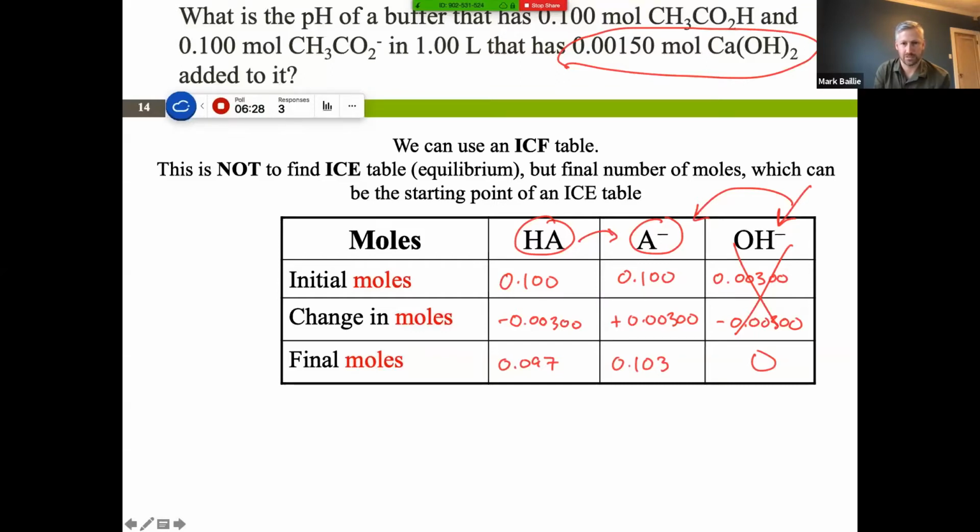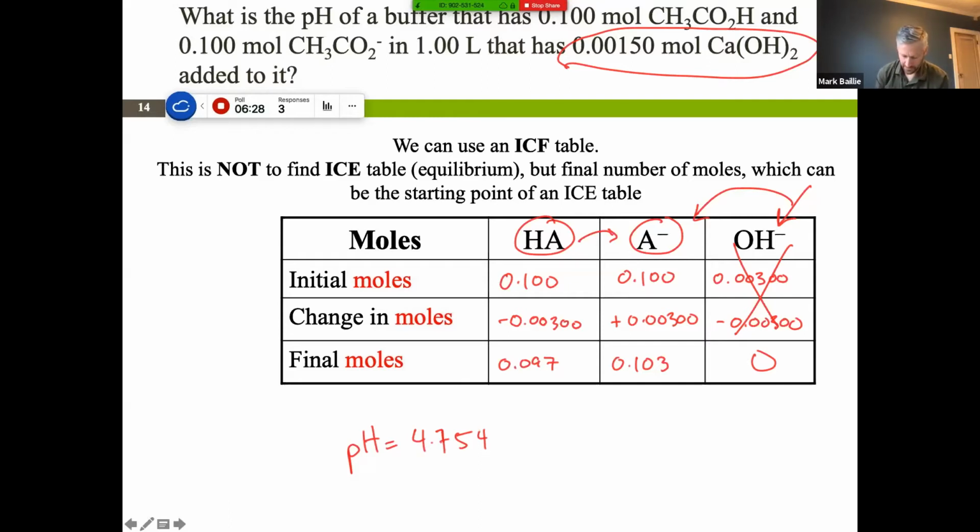Anyone want to unmute and answer? Would you use the Henderson-Hasselbalch? How would I do that? That's a good question. What was this, 4.754? Was that the pKa of acetic acid?